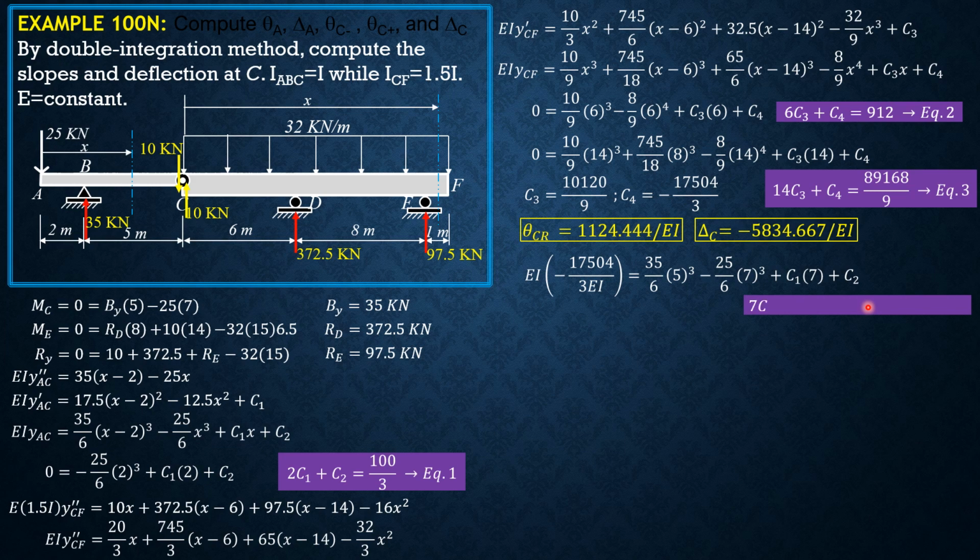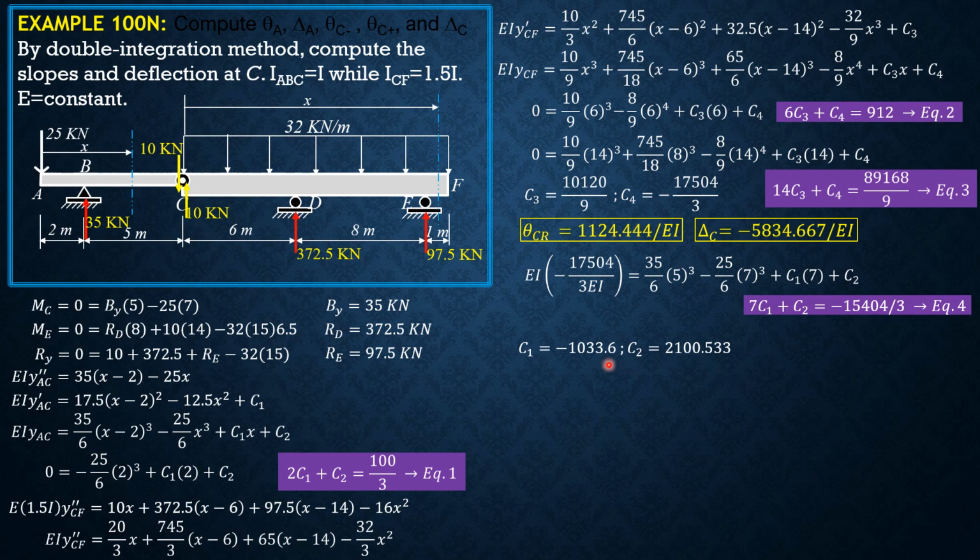So the equation 4 is 7 C sub 1 plus C sub 2 equals negative 15404 over 3. Call that equation 4. Then solving equations 1 and 4 simultaneously by eliminating C sub 2, we have C sub 1 equals negative 1033.6, while C sub 2 is 2100.533.